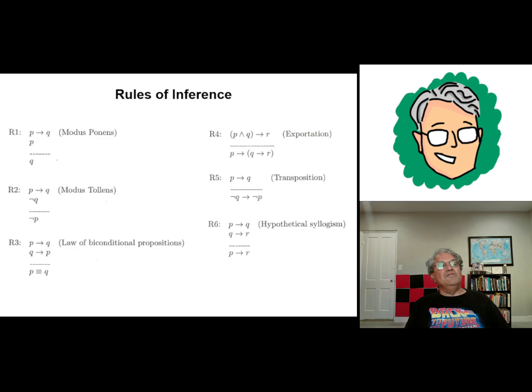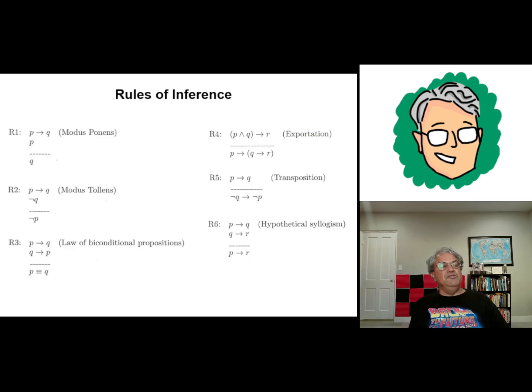Then you have kind of the converse of that, rule two, modus tollens. In that one, you start again with if P then Q, but now instead of your second premise being P, it's not Q. So you're saying Q is false. Well, if Q is false, then P has to be false. And why is that?